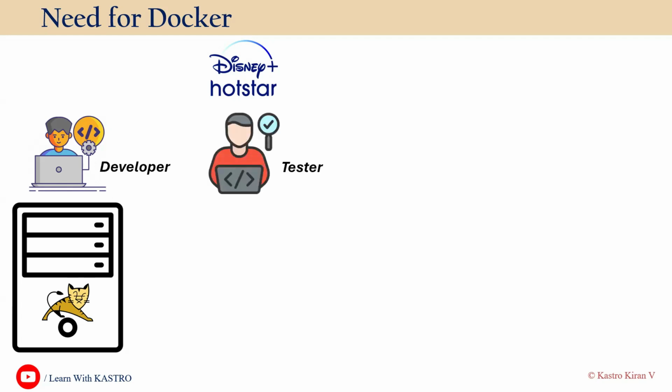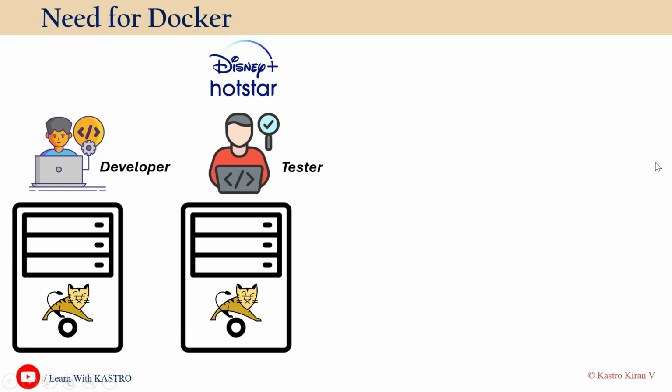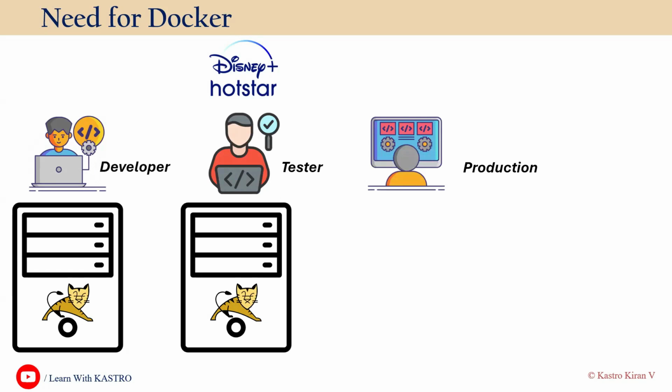Similarly, there is another person who is going to test the application code. For that testing, the testing team will also need another environment where again Tomcat will be installed. And there will be another team which will come into the picture, which is known as the production team.